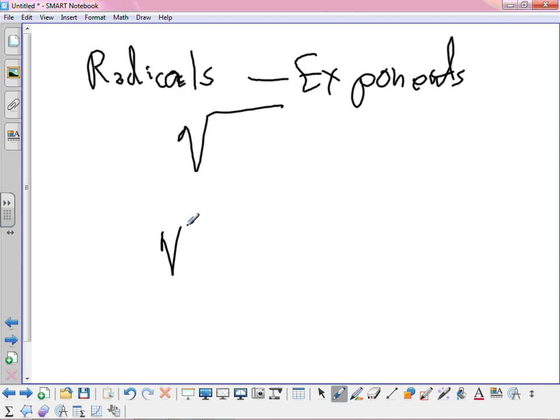So if I do square root of 4, what's that? Or if I just ask you, what are the square roots of 4? There are 2 of them, but in the radical notation, we make a distinction. So if there's a choice, that means the positive. And if we want the negative, we would put minus.